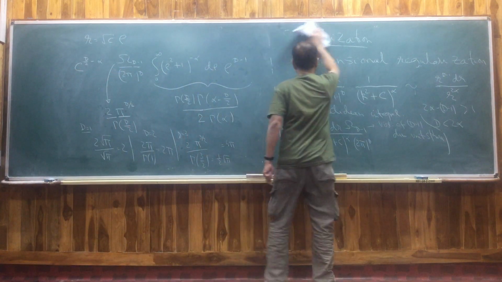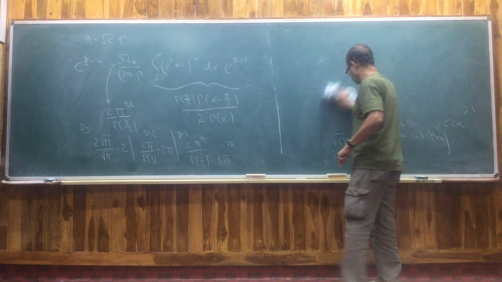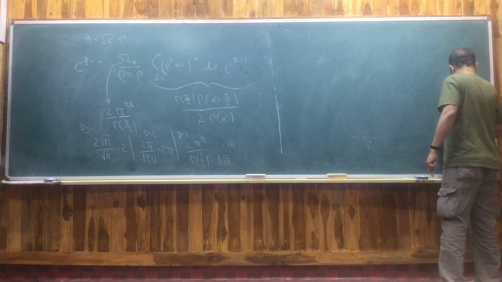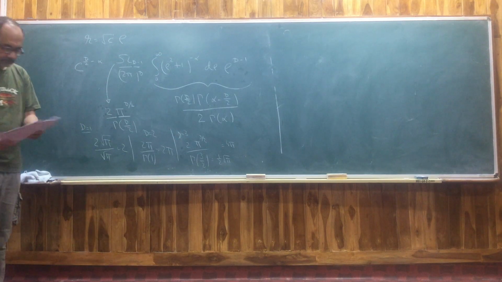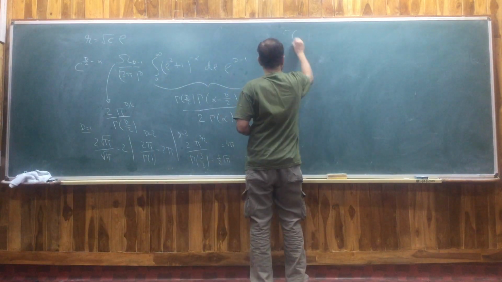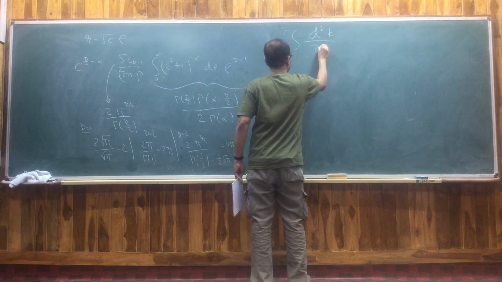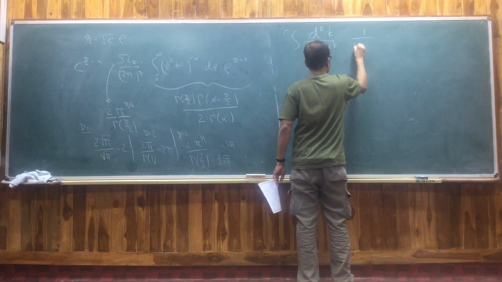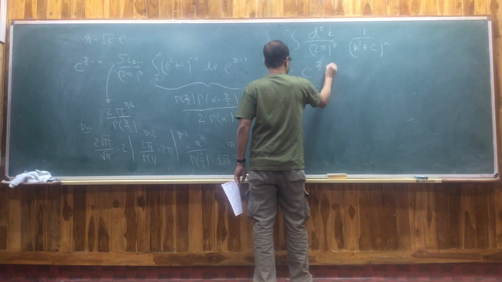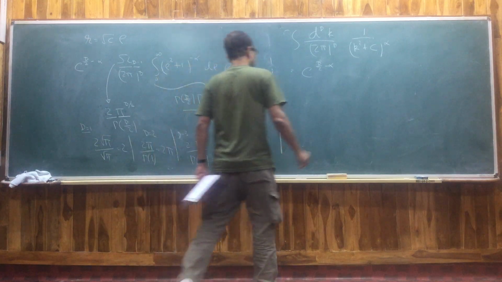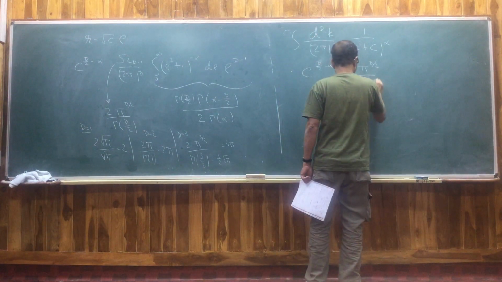So let me collect everything and write this. So you get integral dv over 2 pi to d, 1 over k squared plus c to the power alpha, as c to the power d by 2 minus alpha, then 2 pi to the d by 2 over gamma d by 2.